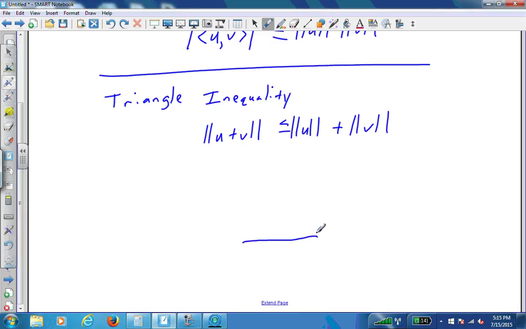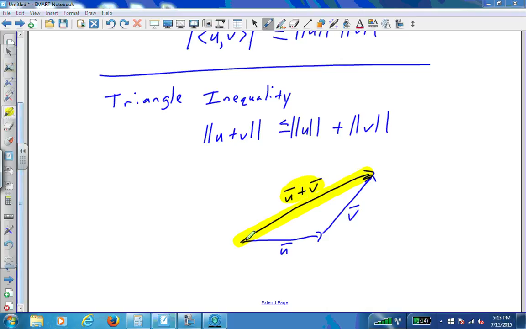If I take a vector, add another vector to it, the resultant is that part. So U, V, U plus V. Notice it's a shorter distance to go U plus V, to take the resultant, than it is to take the distance U and the distance V and add those together. Sometimes that's the same, but this will never be larger than those two added together.